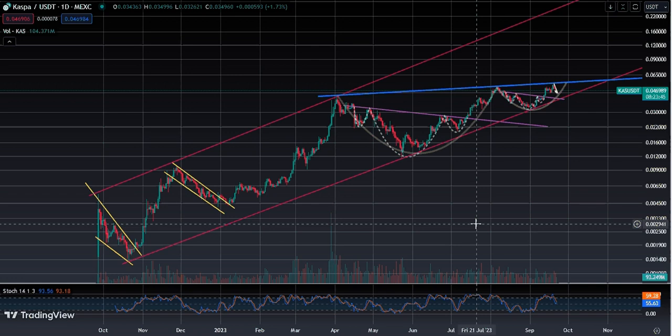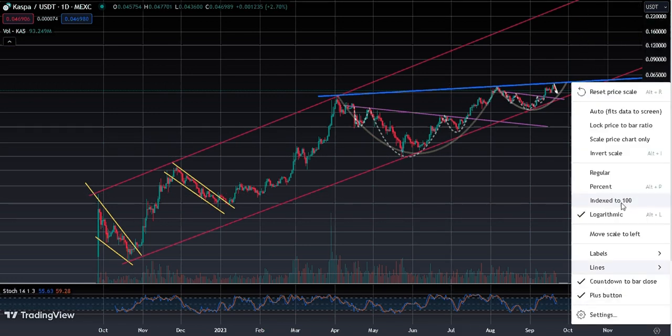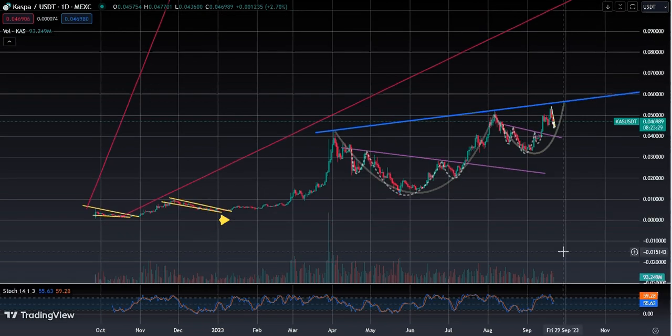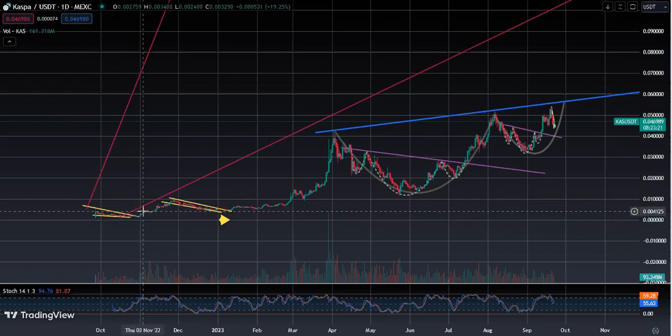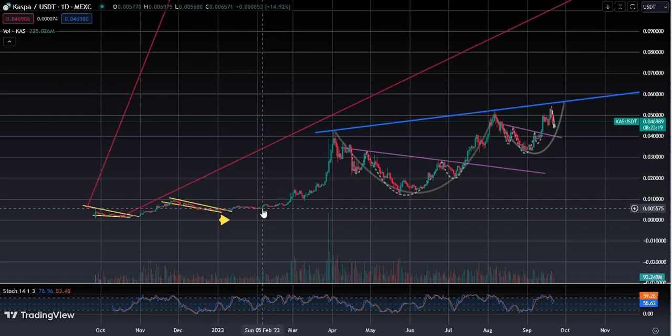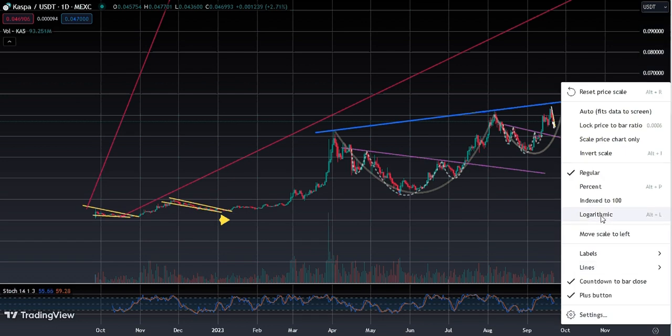And to prove the point, we are looking at a log chart right here, and you can see where Kaspa appears to be pretty much in a parallel set of lines here. But if I click on down here and turn off logarithmic, can you make sense of that? I mean, forget these lines back here, but look at how squished down all of this is over to the left, and look how exaggerated everything is over to the right. Now let's go back to log scale.